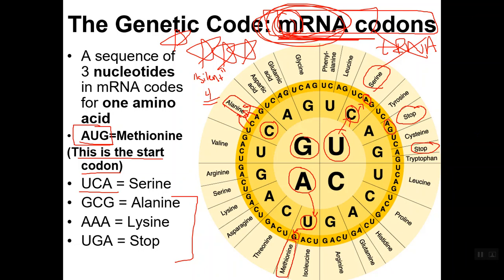UAA and UAG are stop codons, as is UGA. The only thing I'm going to ask that you remember is the start codon AUG and its associated amino acid, methionine. The rest you can always just reference the table.